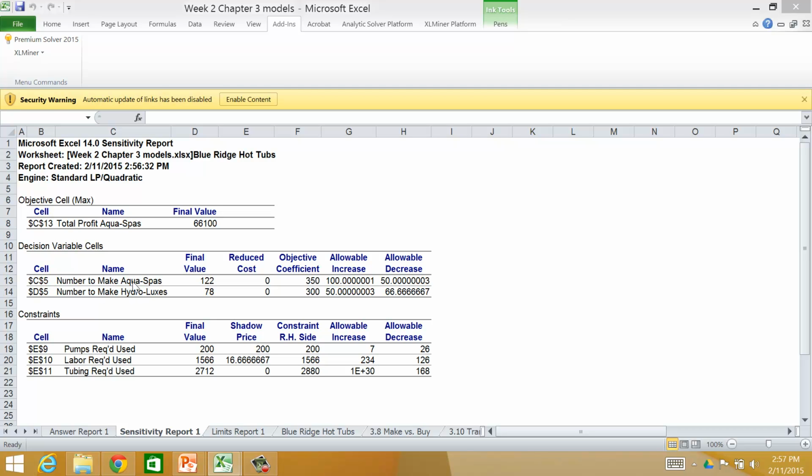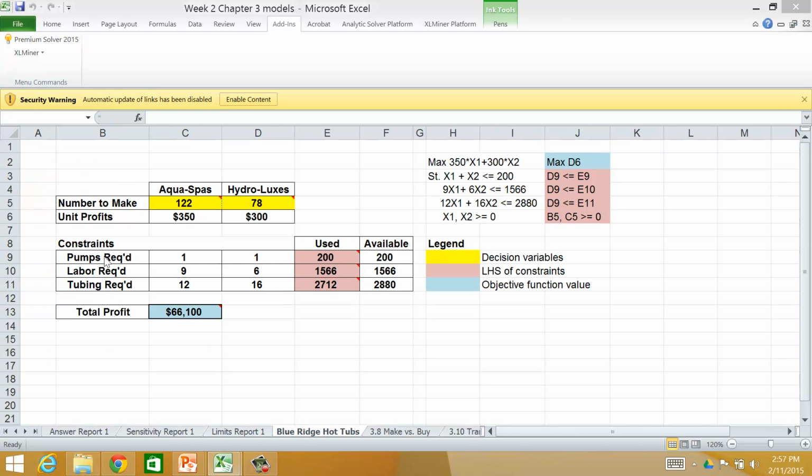Okay, and for example here, this one is pretty meaningful. Number to make equals plus 122. And that came from here. So number to make equals plus. So when the sensitivity analysis report is generated, it automatically takes the row label and the column label, puts them together to be the name of that specific cell.